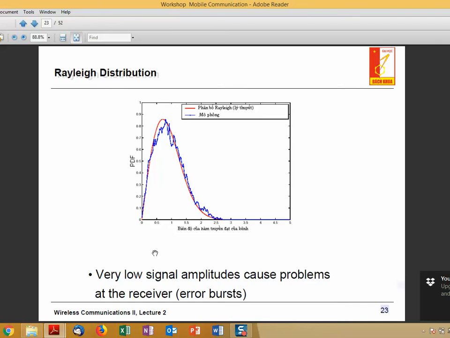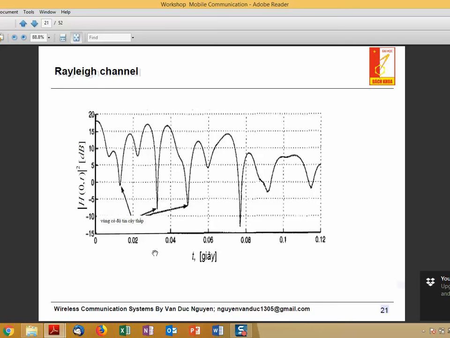However, if the signal has a very low amplitude, then it suffers from interference, and in this case, it introduces the so-called error bursts. Link this result to the other figure here: the signal has a lower amplitude, so this introduces the error bursts.